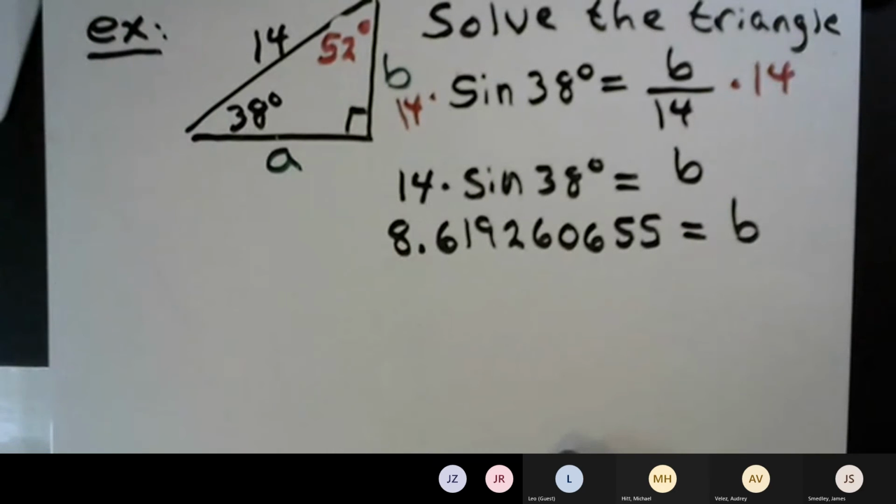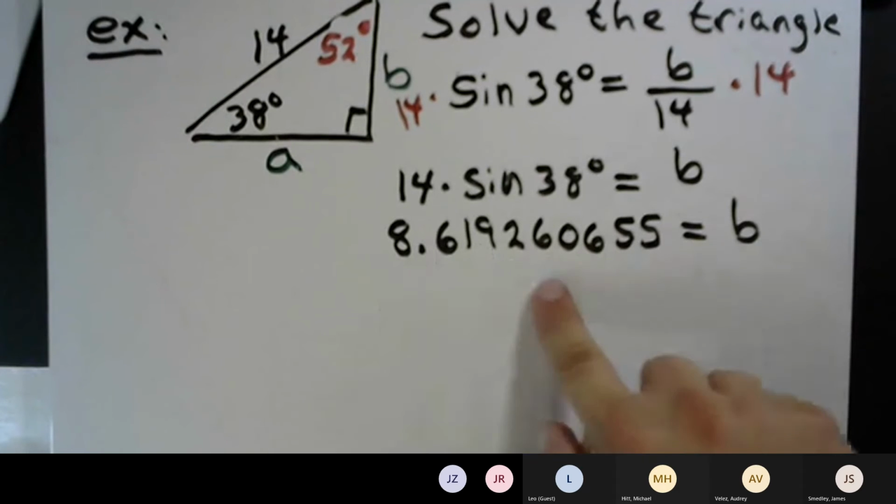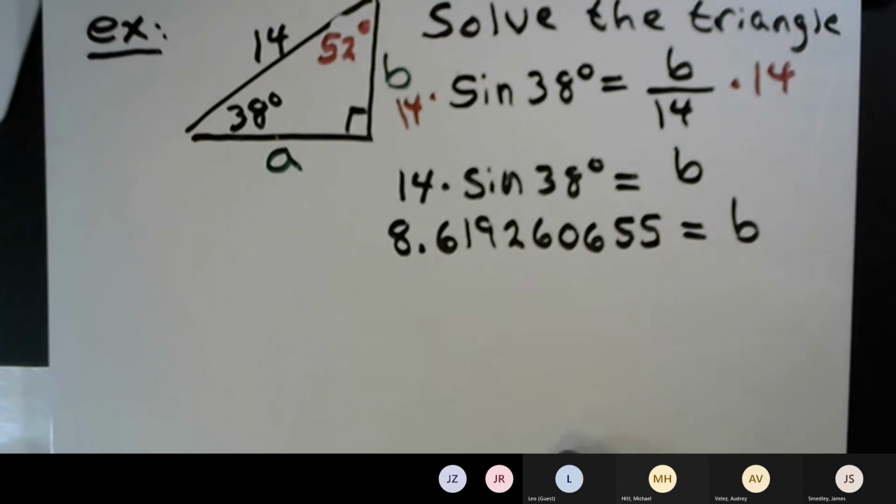Now let me check something. My recommendation on this is to use as many decimal spots as you can and only round off at the very end. Let me just check to see if the text agrees with me.